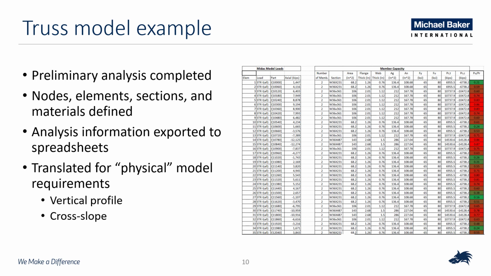So as we said, one of the things we look at trying to do with automation is be able to take that information that's already available and use it for other purposes, right? So we were able to export all the analysis information that we had into spreadsheets, okay? So that it can even be used for design, spec checking, those types of things. But we have all of those nodes, elements defined, right?